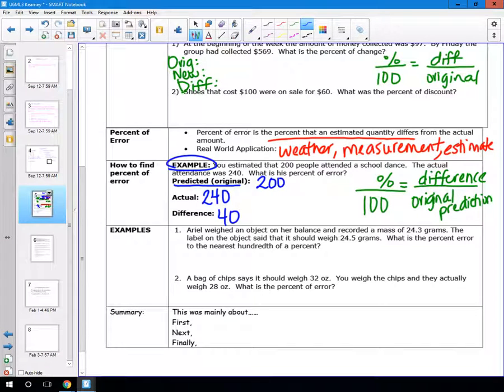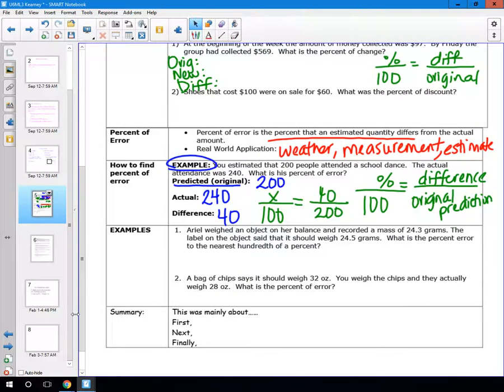Okay? So now let's set it up. We don't know the percent, so we're still going to put percent over 100. And then we're trying to compare the amount that we were wrong. So we were off by 40 students. So we're going to put the difference on the top, and we're going to compare that to what we originally thought. We originally thought that 200 students were going to come. So we were off by 40 to the original 200 that we thought.